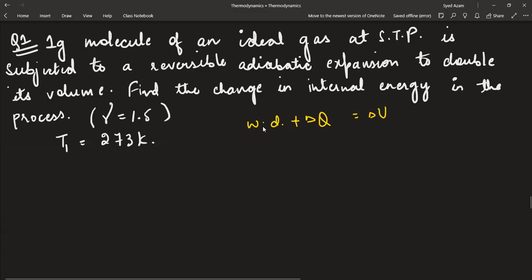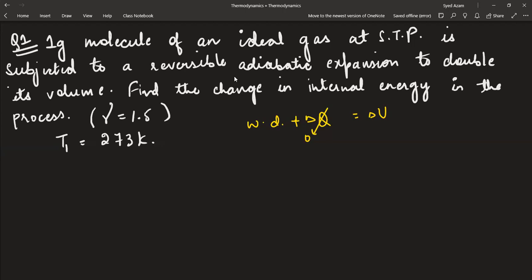In an adiabatic process, there is no exchange of heat, so this will be 0. So the entire work done will be equal to the change in internal energy. Basically the question is asking you to calculate work done in the adiabatic process, instead of directly asking for the work done. So proceed with the questions this way.